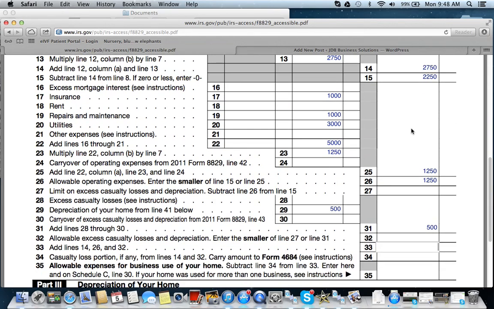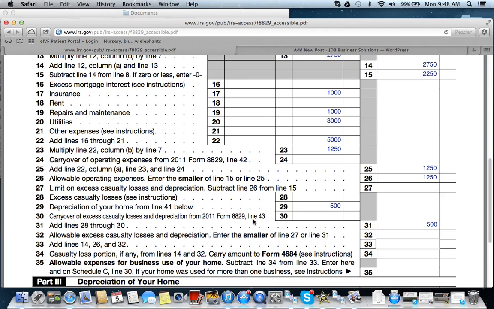Line 26 was a 1,250. And line 32 is just a $500. So your total home office expenses in this case would come out to $4,500.